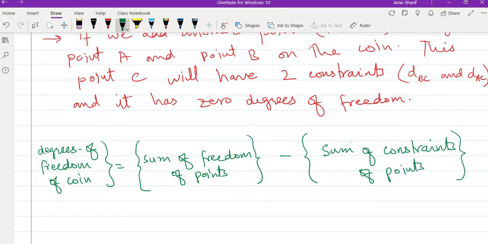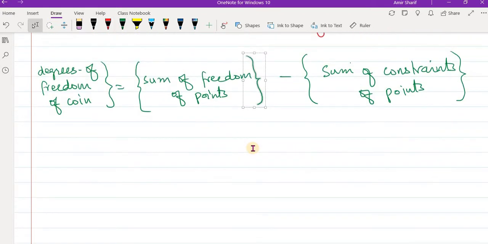So this is how we calculate the total degrees of freedom of a rigid body in a 2D plane.